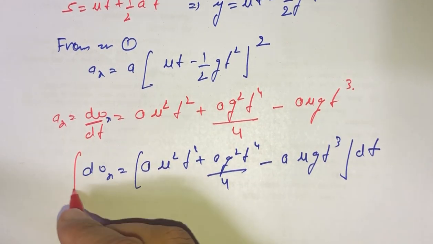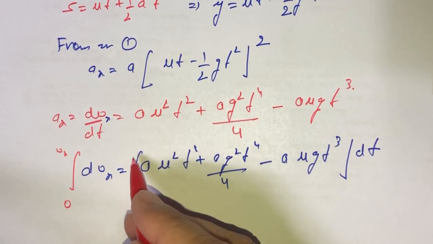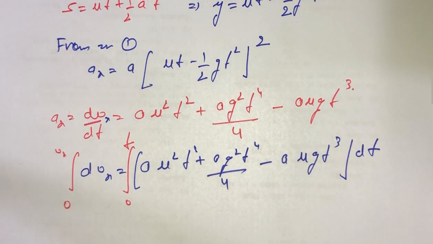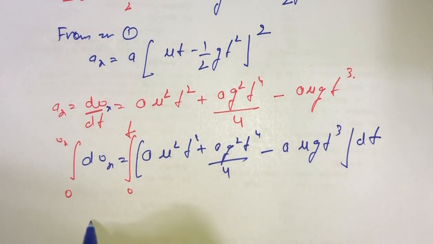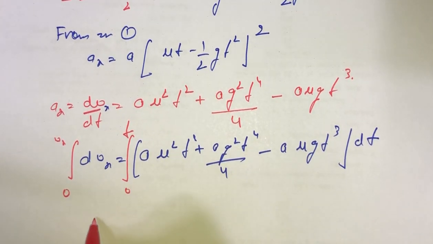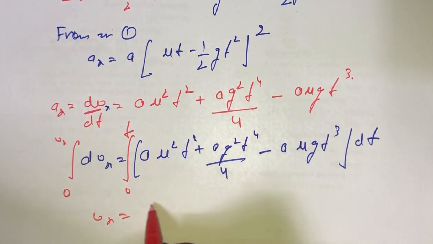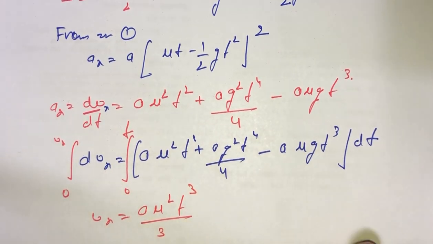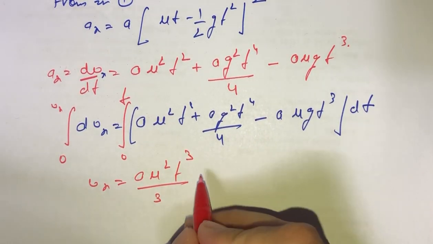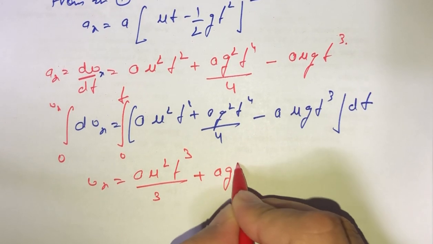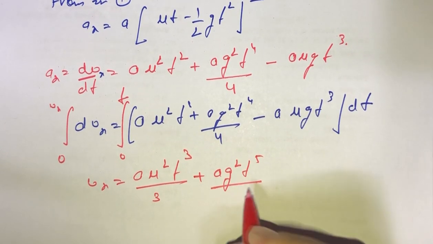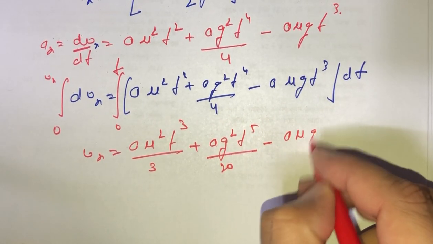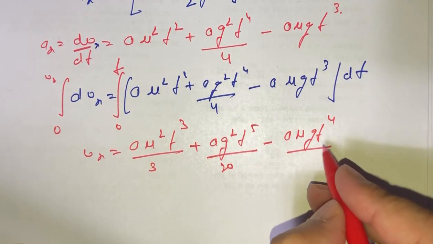Now if we integrate this equation from 0 to vx on the velocity side and 0 to t on the time side, we can write vx as a u square t cube divided by 3 plus a g square t5 divided by 20 minus a u g t4 divided by 4.